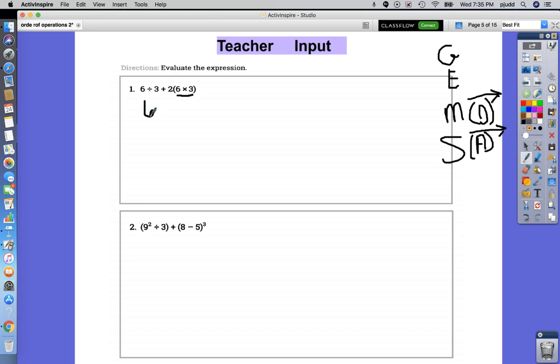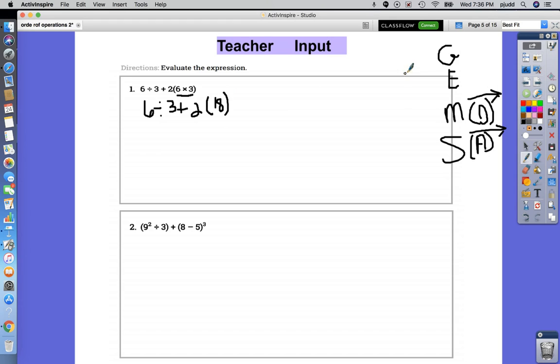And I'm going to bring down 6 divided by 3 plus 2. Remember, the parentheses also indicate multiplication if there's just one number inside. 6 times 3 is 18.